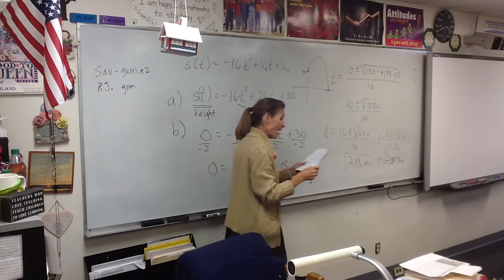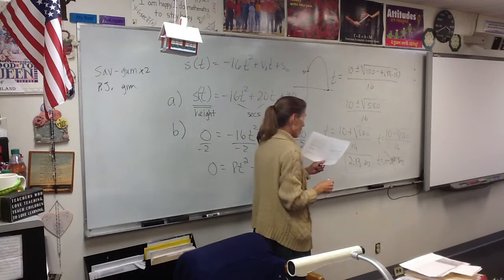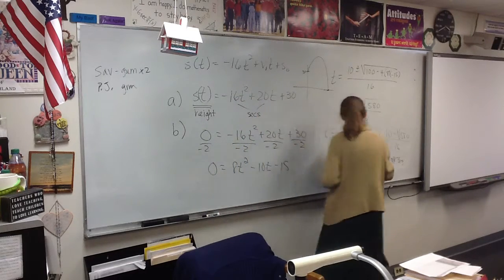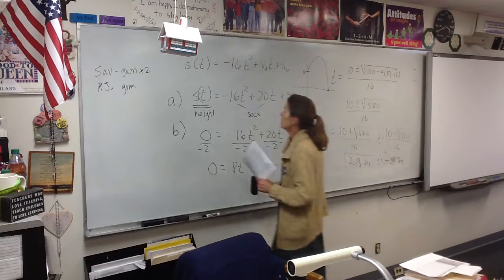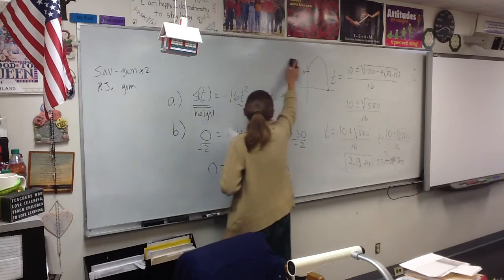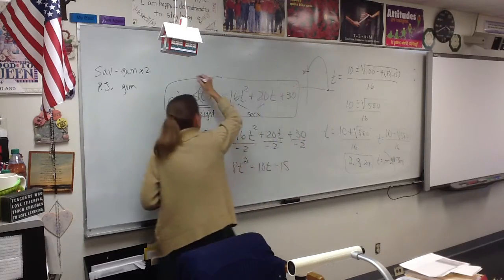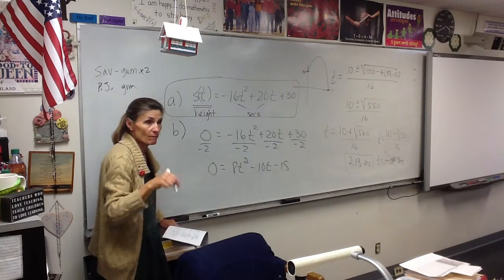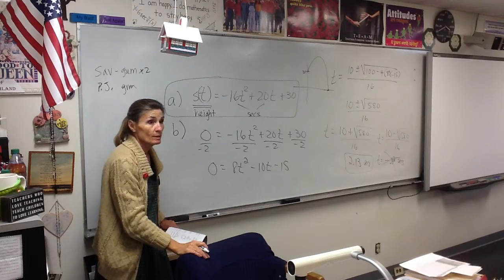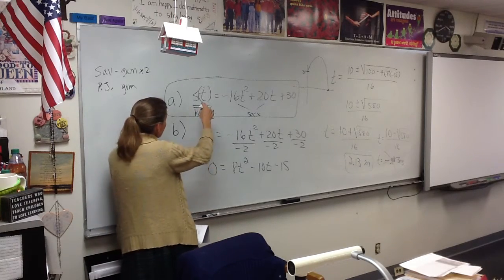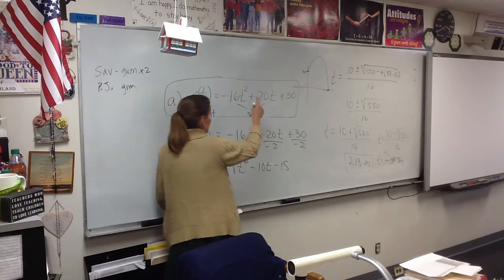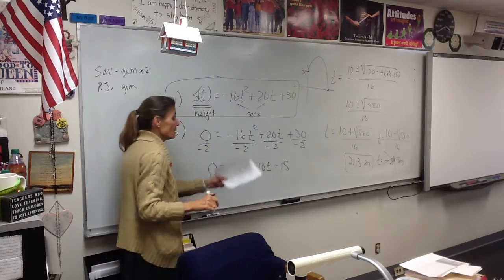Next. How high is the ball after 1.5 seconds? Now, kids, this is the equation that you are using for every problem and every different question in number 9. You're either going to put a number in for height or you're going to put a number in for seconds.